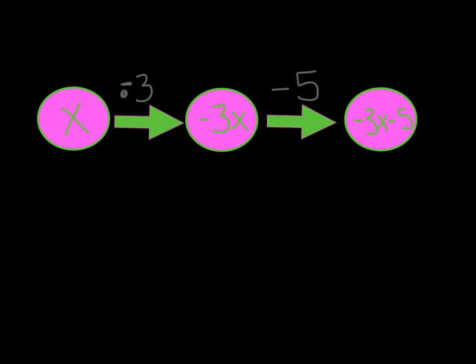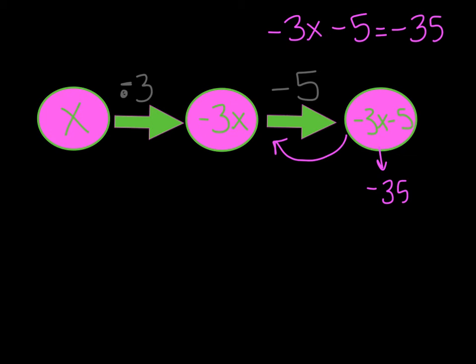Let's try to solve for x when negative 3x subtract 5 equals negative 35. So negative 35 is going to go below my last bubble. The opposite of subtraction will be to add 5. So negative 35 plus 5. Think back to your integer rules.